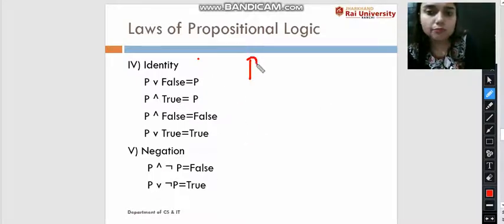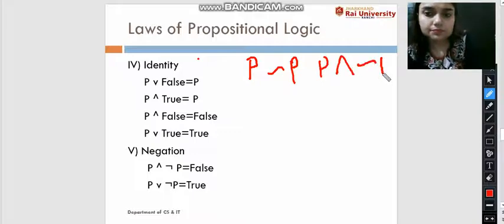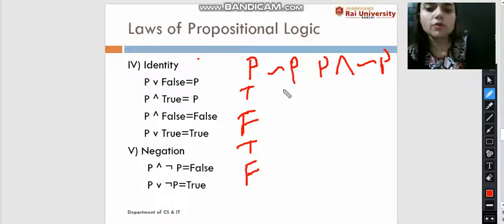Here we have P and negation of P. P is true, false, and negation of P will be false, true.